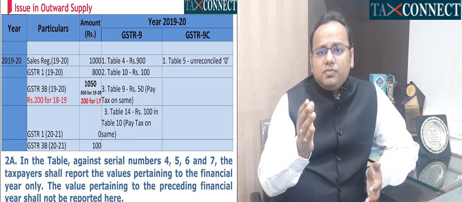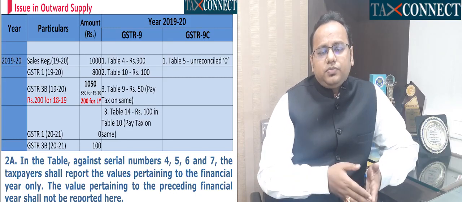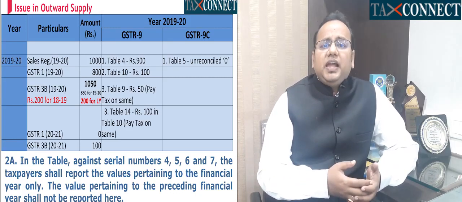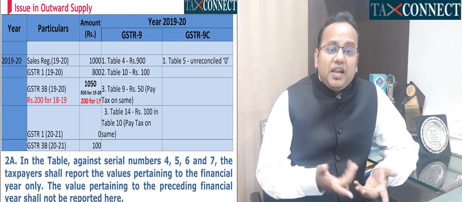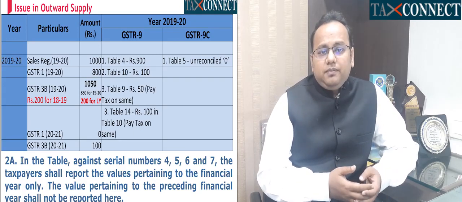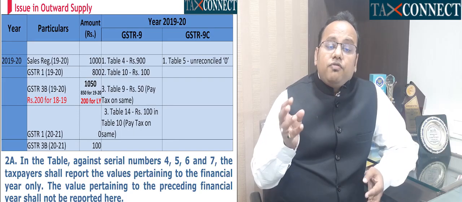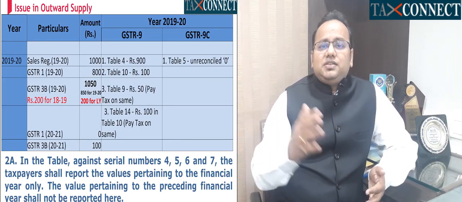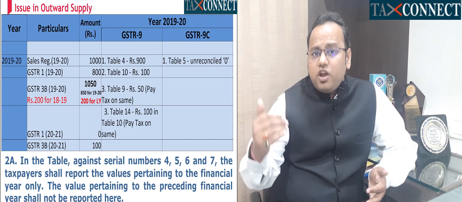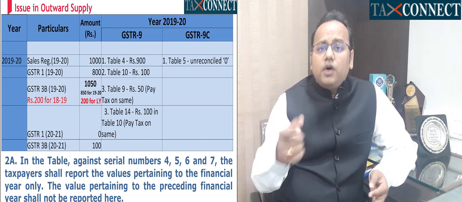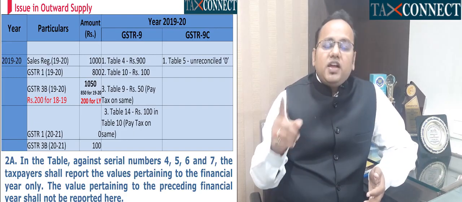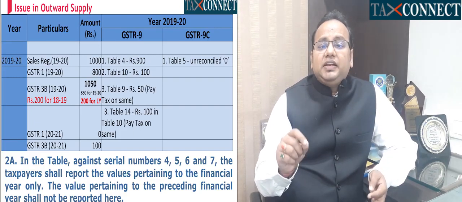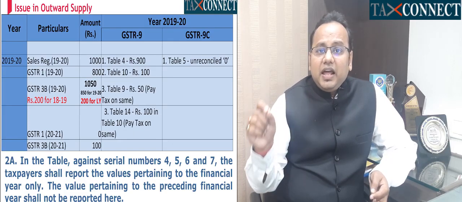Now, please note very carefully. Many taxpayers in 1819 and 1718 had taken a call, barring any instruction to the contrary, that in table 5 and 6 or table 4 and 5 relating to outward supplies, they had shown the spillover impact of 1819 in 1920.